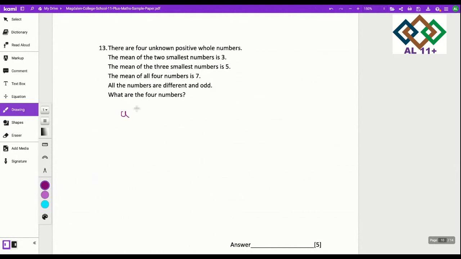So let's write down A plus B divided by 2 equals 3. That means A plus B equals 6.